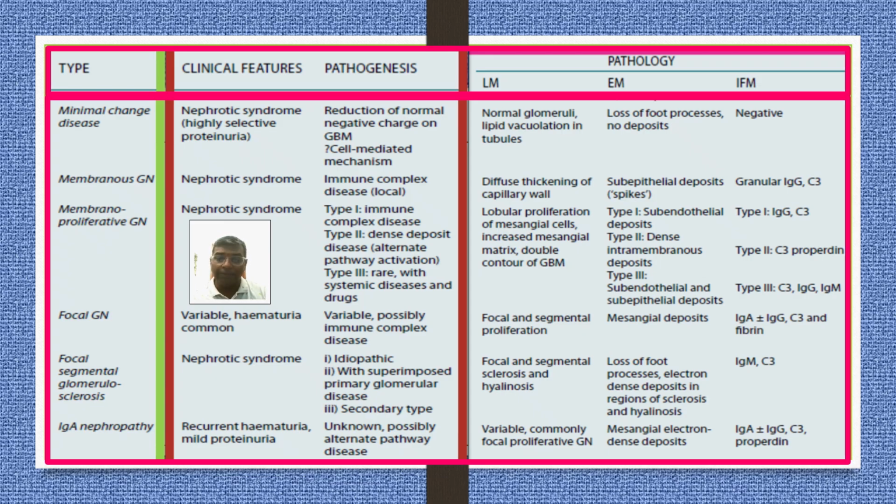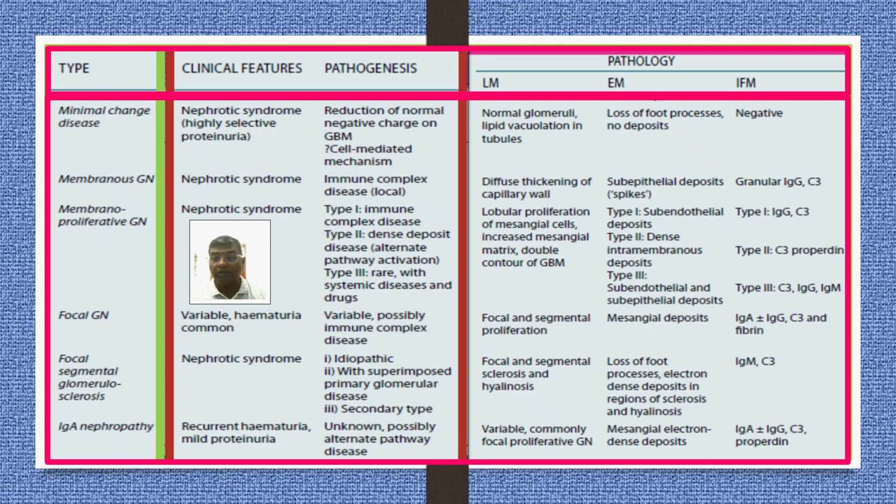Here also on light microscopy, you will observe, the name itself is saying, focal and segmental sclerosis will be there, and hyalinosis also will be seen. Here also, just like minimal change disease, you will observe loss of foot processes, but there are electron dense deposits in the regions of sclerosis and hyalinosis.